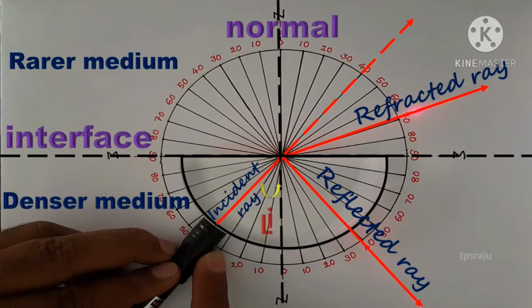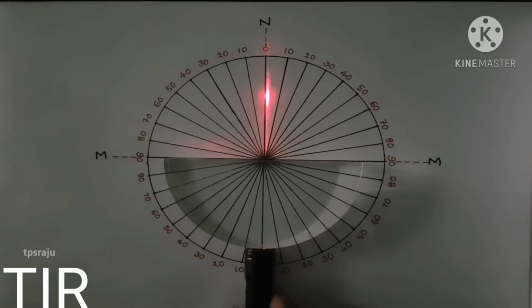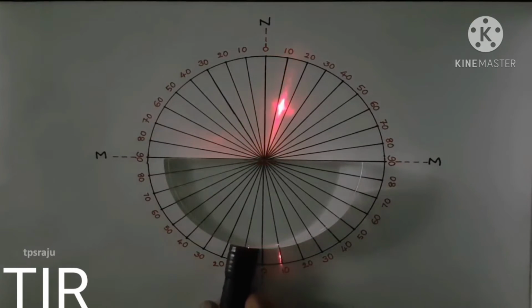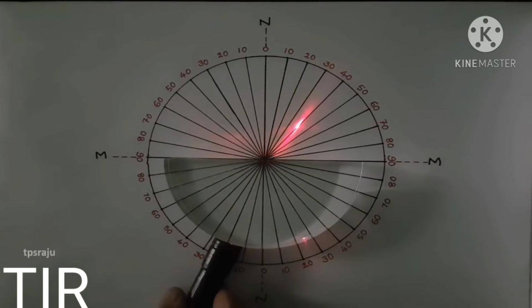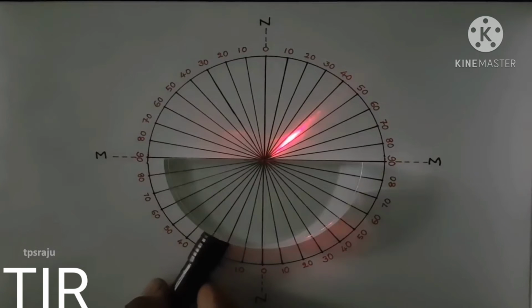Here there are three angles, that is angle of incidence, angle of refraction, and angle of reflection. Let us observe carefully. When we increase angle of incidence, the angle of refraction also increases respectively.